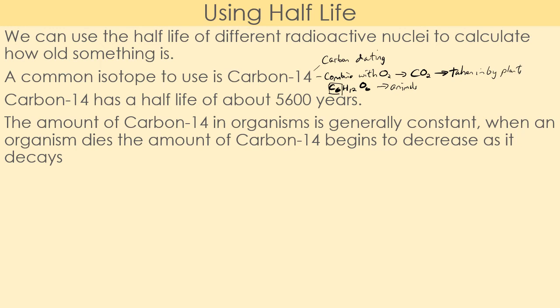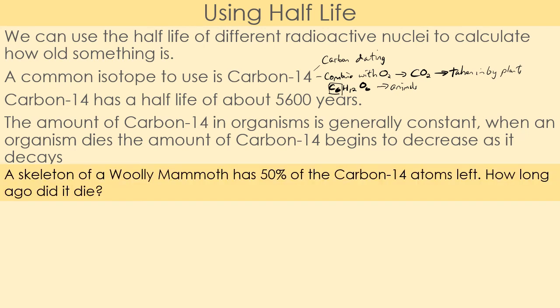It's generally constant, and as I said, it decreases as it decays. It decays into nitrogen through beta emission, so one of the neutrons becomes a proton and emits an electron.